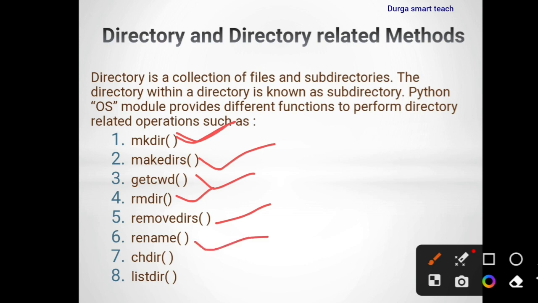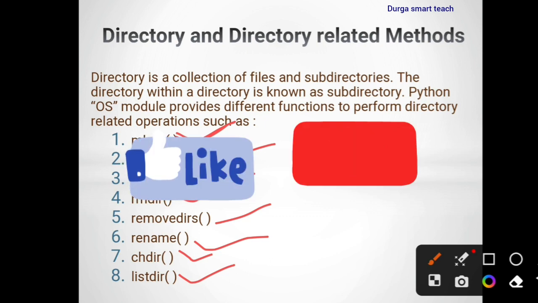Next, the rename function is used to rename one directory. Next, chdir, change directory. listdir, the list of files that will be displayed in the current working directory or a specified directory.